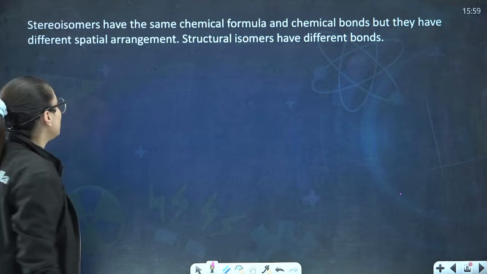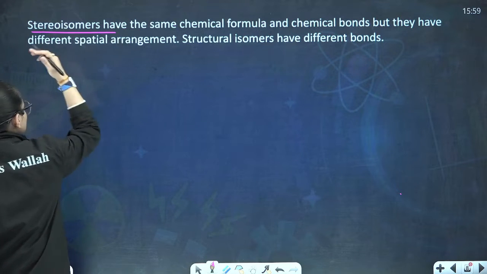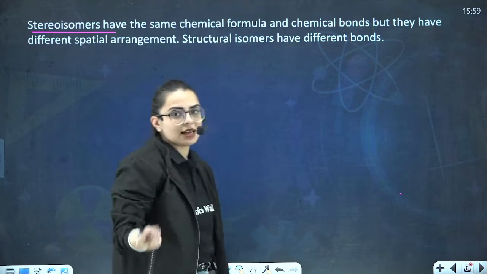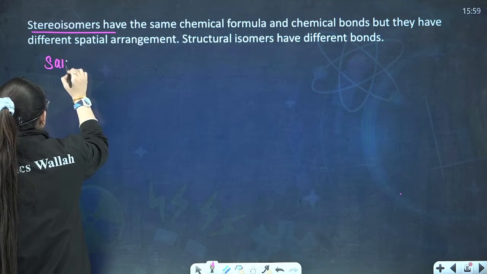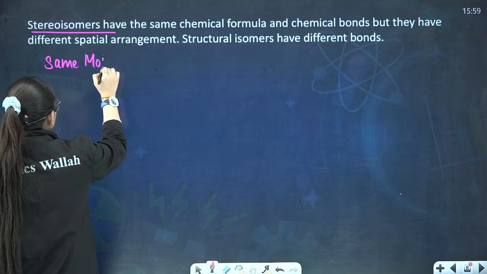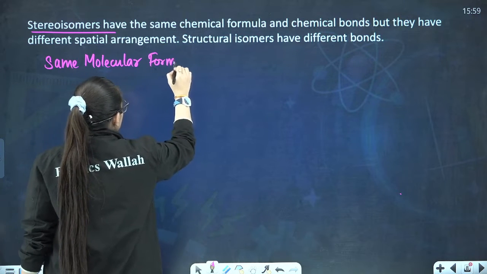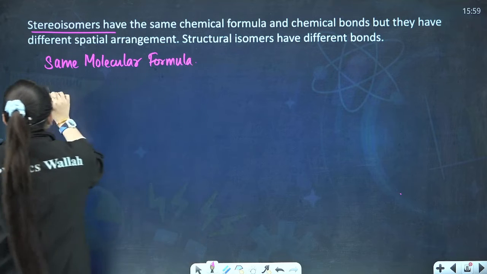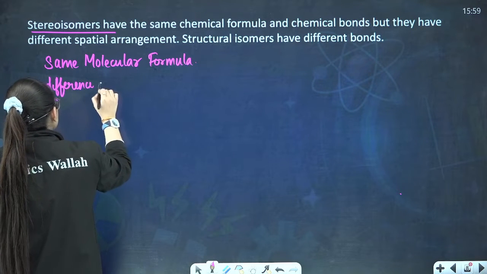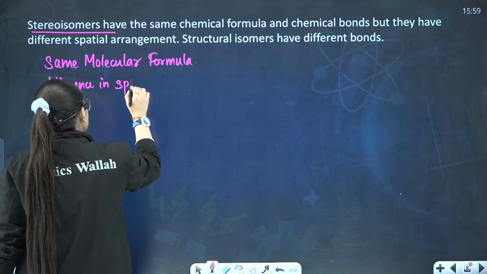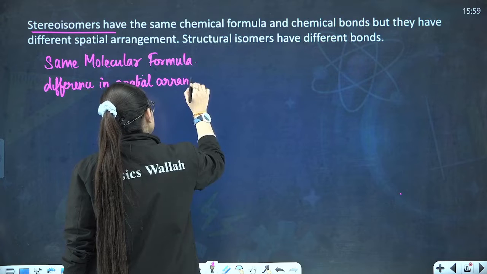Stereoisomerism is the process in which, again, as the word isomer is there, the molecular formula shall remain the same, no doubt, but there shall be a difference in spatial arrangement, that means arrangement in space.